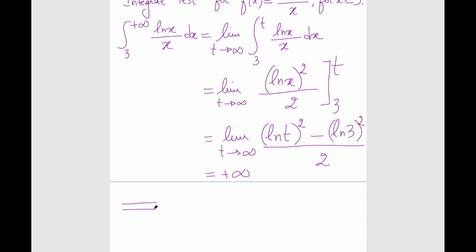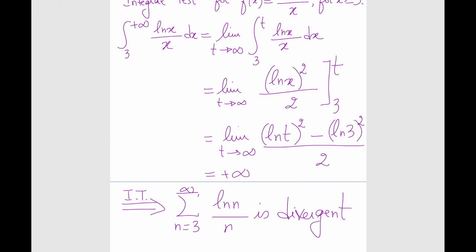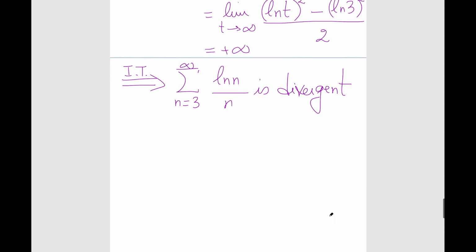By the integral test, we get that this series that starts at 3 is divergent. And hence the full series, right? If the series is divergent, adding a finite number to this remains divergent. So what am I going to add? I'm going to add a1 and a2, right?